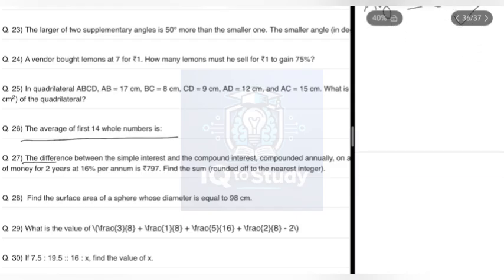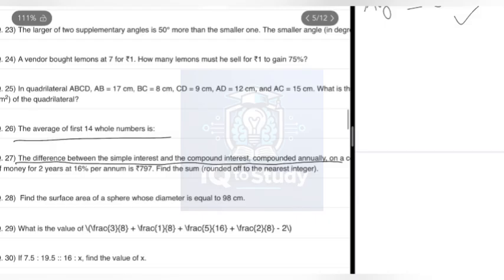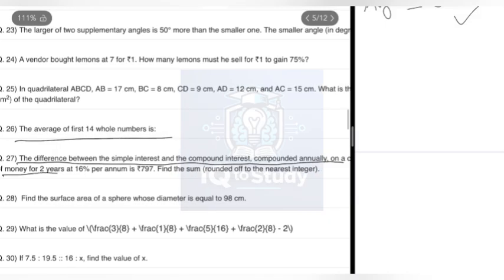The difference between the simple interest and compound interest compounded annually on a certain amount of money for 2 years at 16% per annum is 797 rupees. Find the sum.